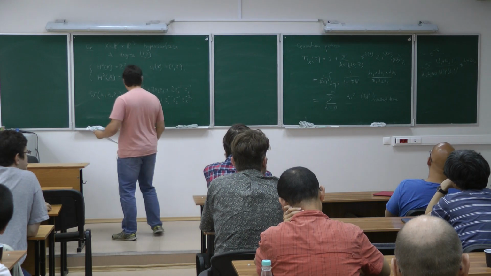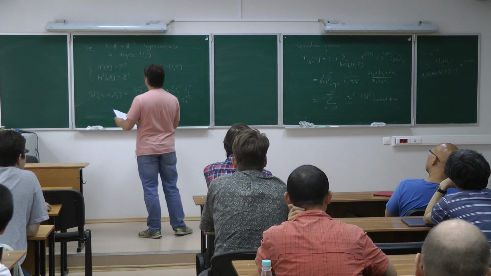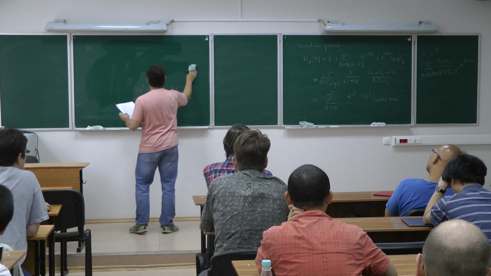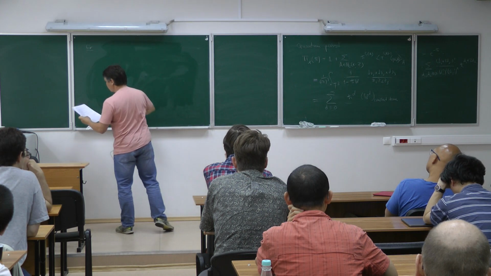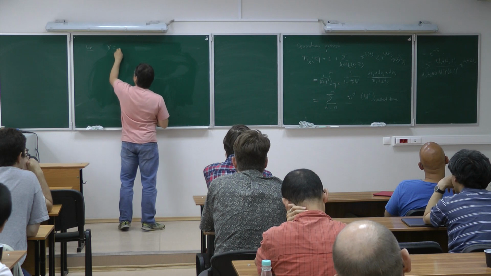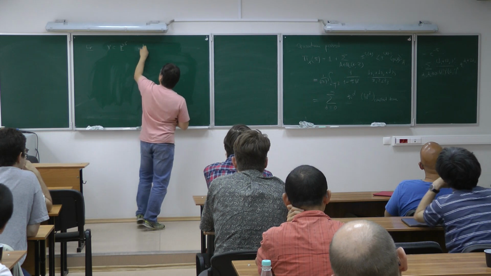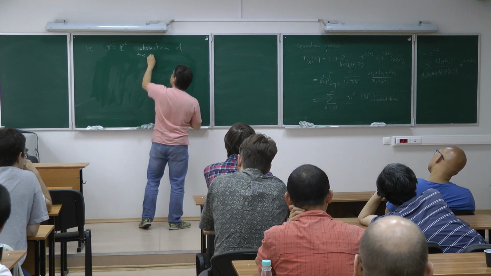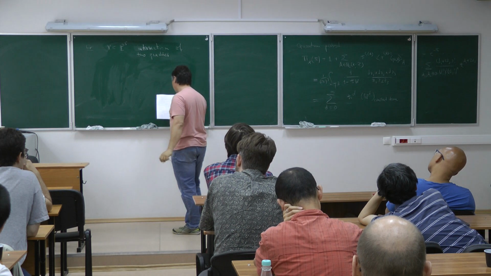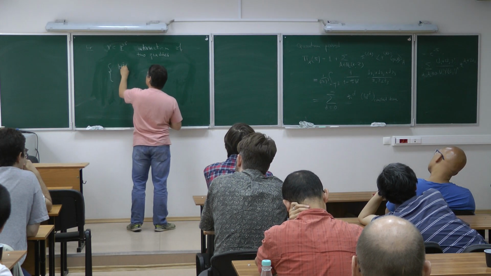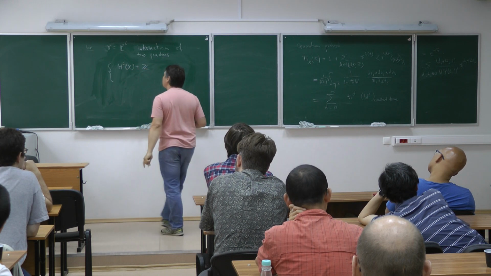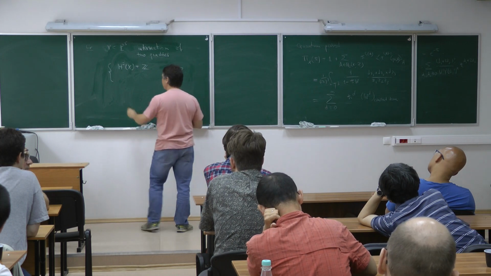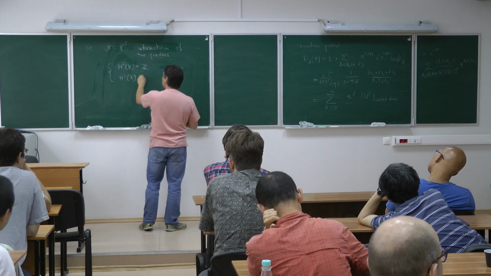Let me give you one more example of the same computation. This is a much simpler example. Take X in P5, the intersection of two quadrics. This one has second cohomology Z, and the first Chern class is twice the generator, and it again has odd cohomology.